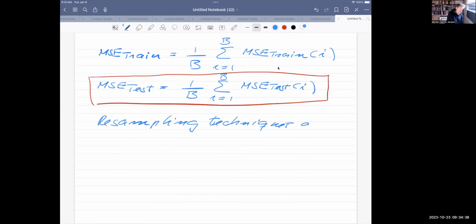Resampling techniques are used to generate new data. And this is actually something we have to put in quotation marks because we are not generating new data, but simply reshuffling the data we have and hoping that that gives a possibly better interpretation of the mean squared errors.